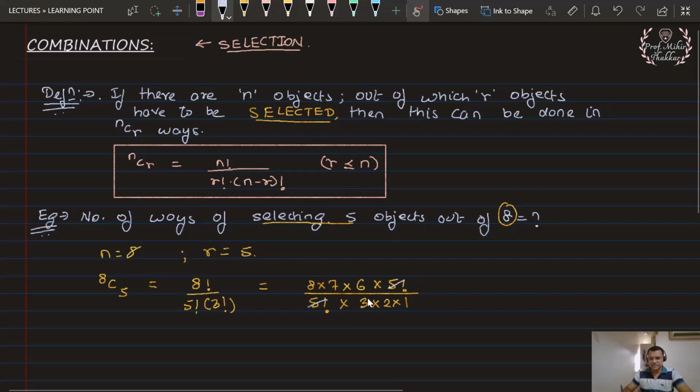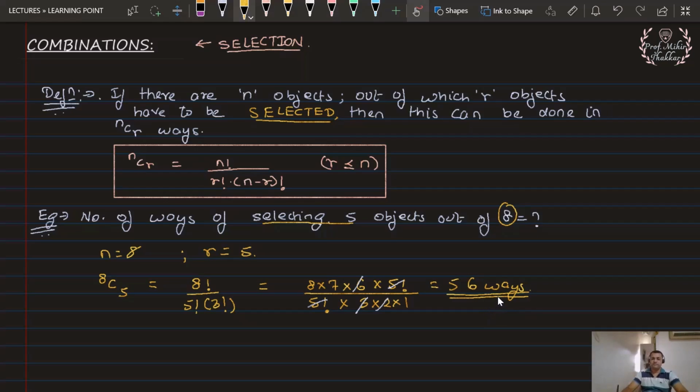Cancel off the 5 factorial, 3 into 2 is 6. So I get the answer as 56, there are totally 56 ways in which you can select 5 objects out of 8. So that is the simple way in which we can apply the formula for nCr.